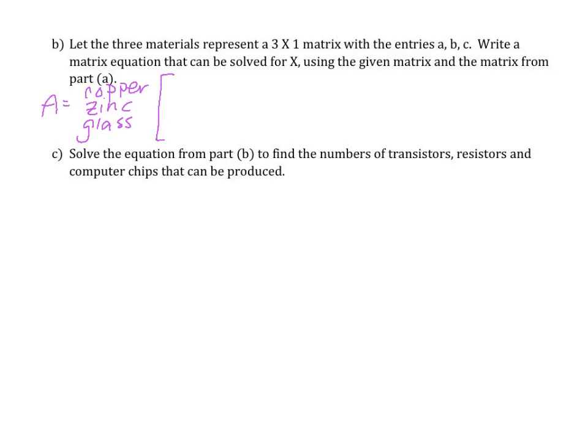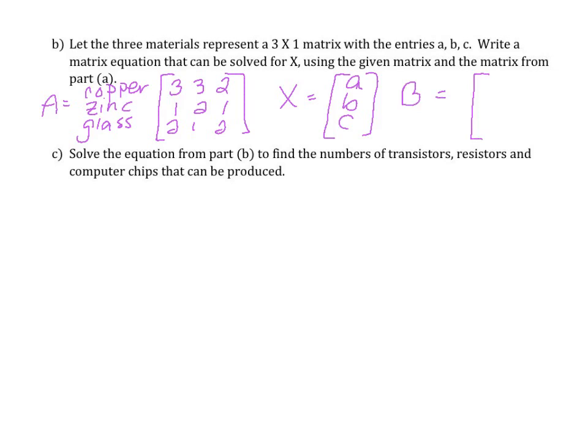So the copper, if you look back on the previous page, is 3, 3, 2 for each item, 1, 2, 1 for each item, and 2, 1, 2 respectively for each item. We're going to let our X matrix be A, B, and C. The previous page we had the B matrix for what we're specifically looking for: 810, 410, and 490.